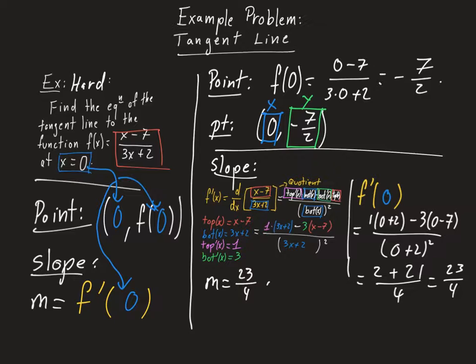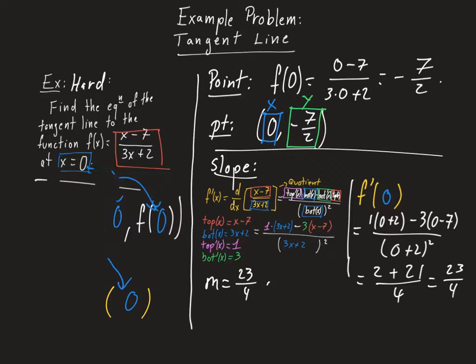So m is going to be equal to 23 over 4. Okay, so now that we have our slope, we have our point, I'm going to finish off the problem over here since I need some space.